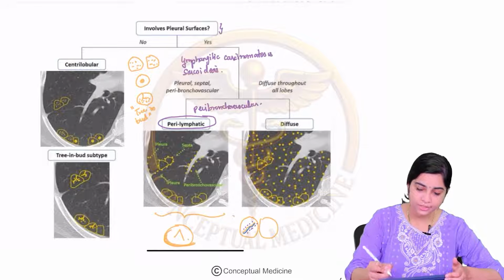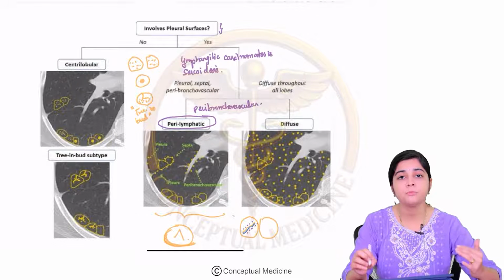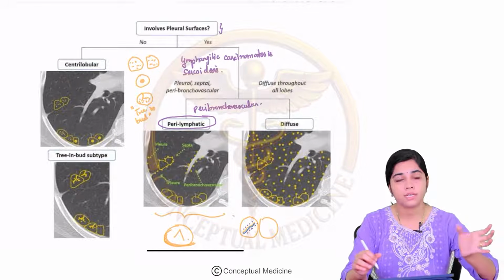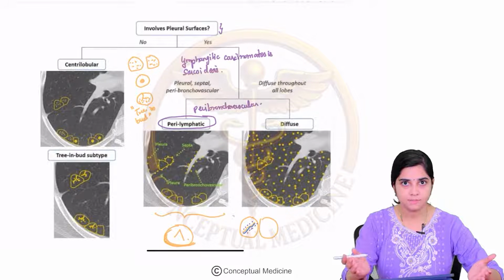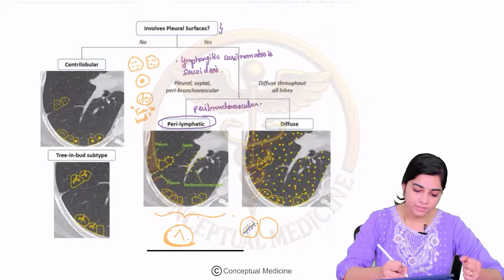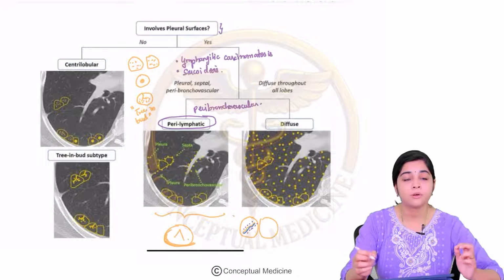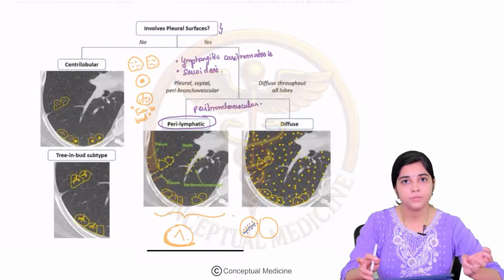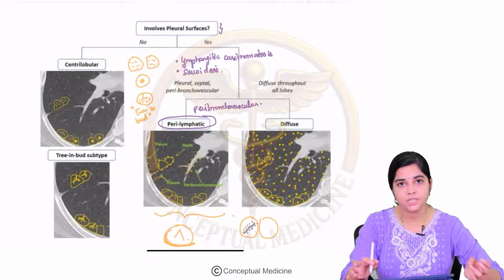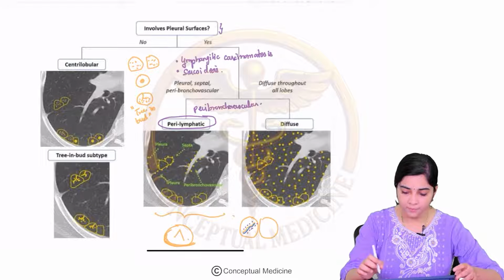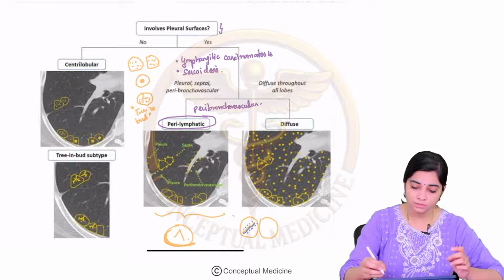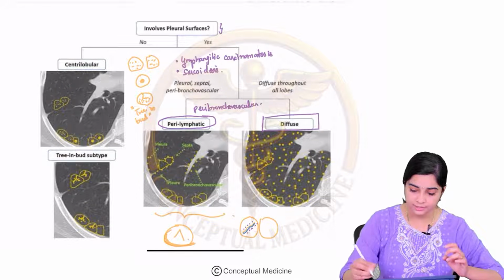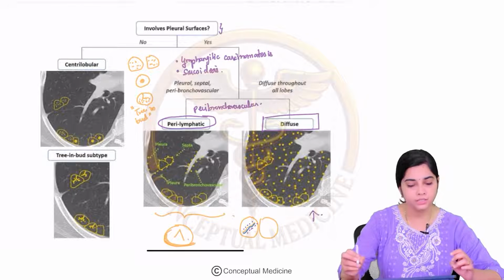Okay, where you can have spread of certain tumors in the lung, and the nodules are distributed along the peribronchovascular space. Okay, so two conditions where you can see this peribronchovascular distribution of nodules are sarcoidosis and lymphangitic carcinomatosis. Okay, then there can be conditions where the nodules are distributed throughout the lungs, and this is what we call the diffuse pattern as it is denoted here.